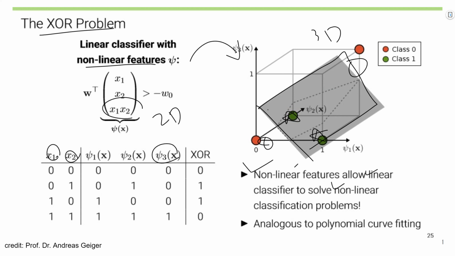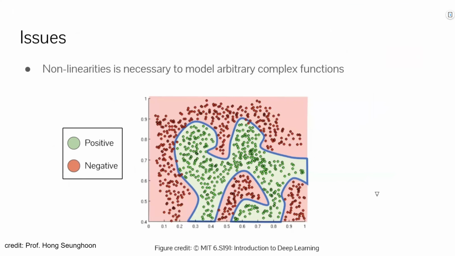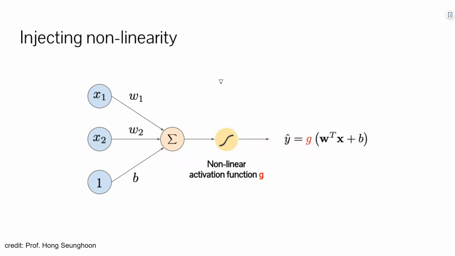This one is quite analogous to polynomial curve fitting. And the second approach is we can use nonlinearities to model arbitrary complex functions. We can inject this nonlinearity into our perceptron.